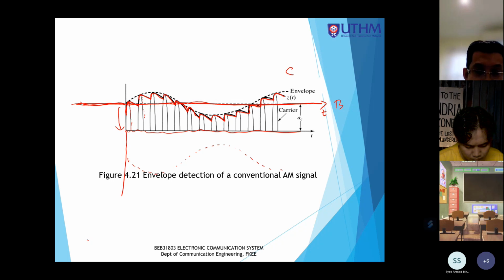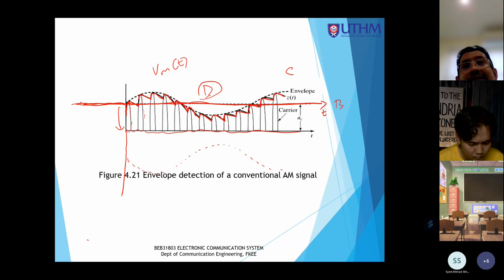So pada point D, you akan nampak dia adalah sine wave bergigi, a sawtooth like sine wave, but it is centered at the X-axis. Okay, so ini adalah output pada point D, yang mana dia adalah VMT, tetapi dia VMT yang tidak smooth, dia bergigi-gigi.